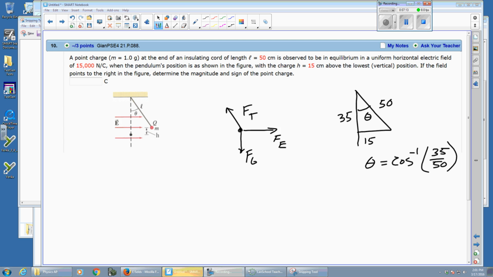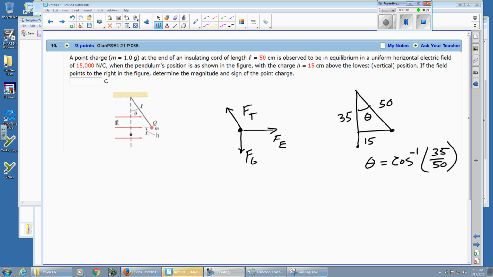It says h equals 15 above the lowest vertical position. See the h on the little diagram? So that's the height above the lowest position here.